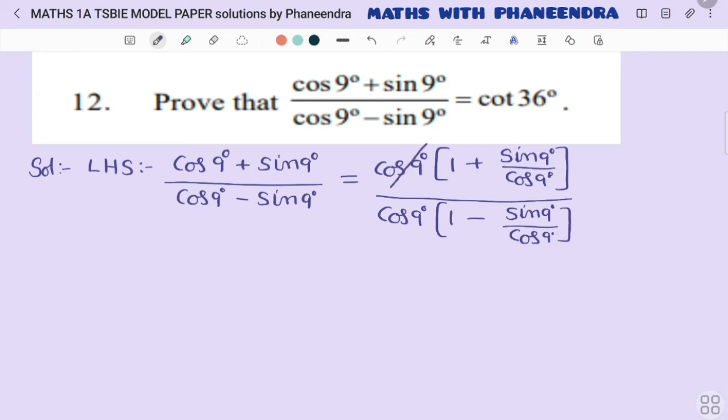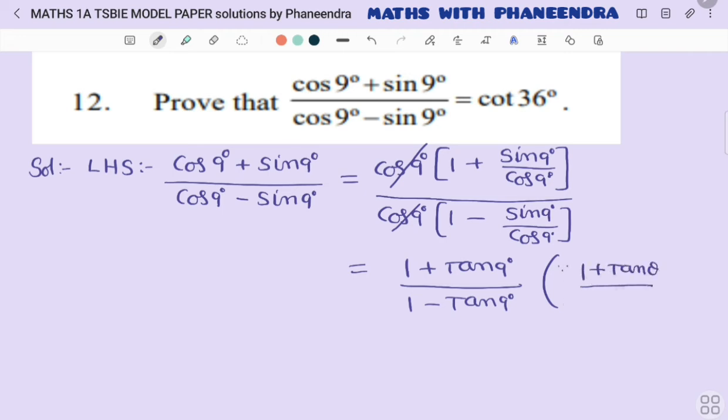So cos 9 degrees gets cancelled. 1 plus sin by cos, tan 9 degrees, by 1 minus tan 9 degrees. It is in the form of 1 plus tan theta divided by 1 minus tan theta. This should be equal to tan of 45 plus theta.